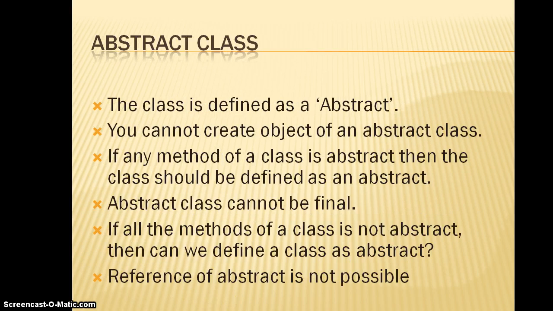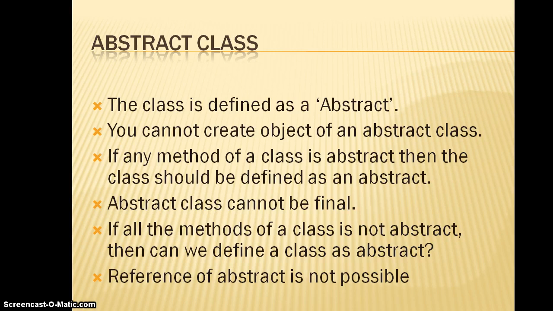Now abstract class. An abstract class is not much different from an interface. The only difference is that an interface contains just a definition, no implementation of the methods. But in an abstract class, we can have both the definition and implementation.